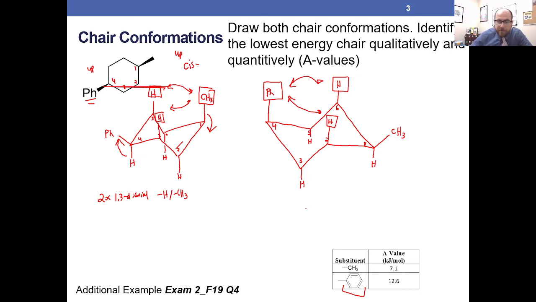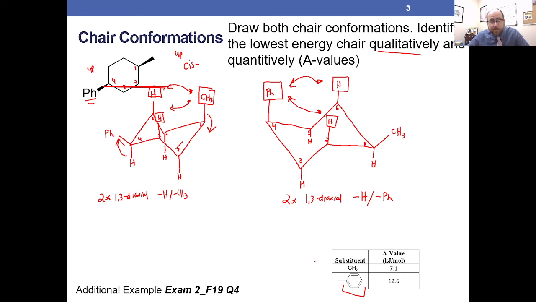So again, what I want to do is label the quantity, the number of them, and the identity. So I have two 1,3 diaxial interactions between, in this case, a hydrogen and a phenyl group. Okay. So now from a qualitative perspective, I have the same number of 1,3 diaxial interactions. Now the difference here is the relative size. So thinking about the relative size, I have a methyl group and I have a benzene ring.